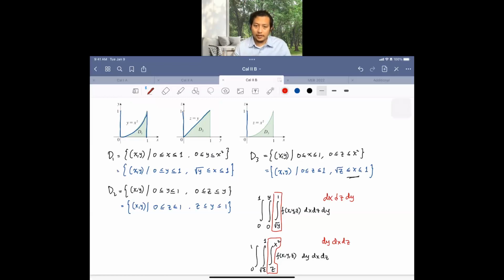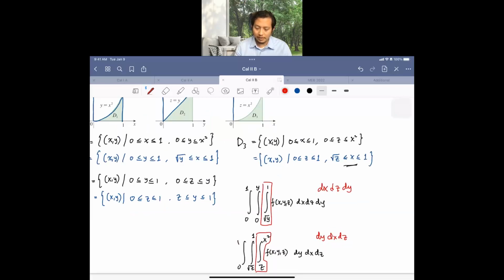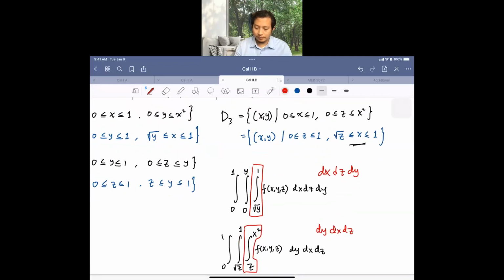And the other thing that I think you are going to need is, as you could see from these outside integrals, it should be like telling a story.